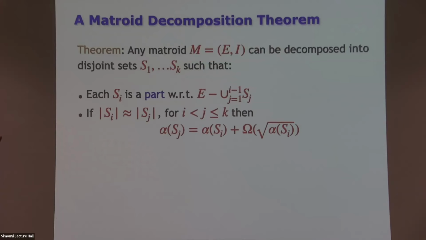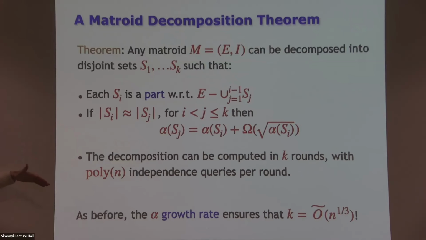Not only this, but again, we have the same kind of functional version of the growth rate lemma, which says that if the two sets are of similar sizes, then again, you get this quadratic growth in the alpha values. Not only this, but if you recover k sets in this decomposition, you can do this in just k rounds of a polynomial number of independence queries.